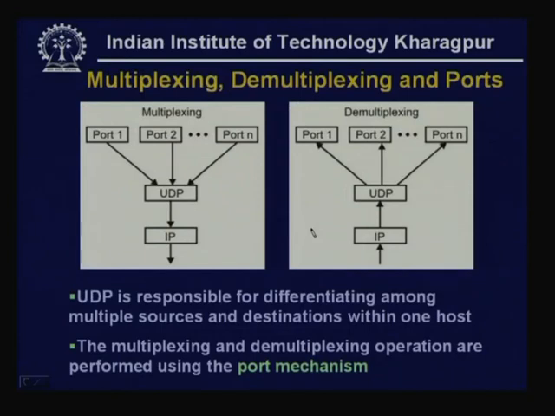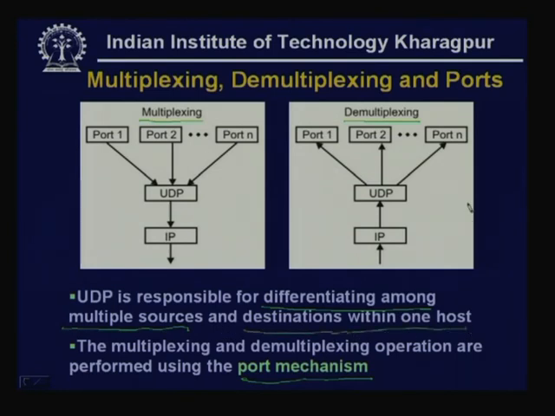Now, as I was mentioning, multiple processes can be running in a single host, and that requires what is known as multiplexing and demultiplexing. Multiple processes communicate using a concept known as the port mechanism. So UDP is responsible for differentiating among multiple sources and destinations within one host.